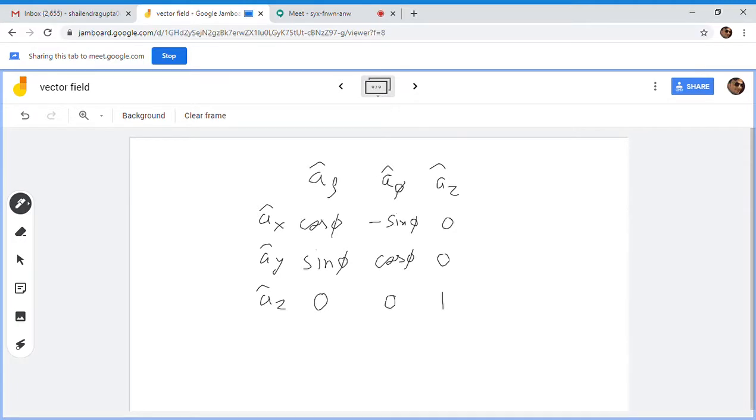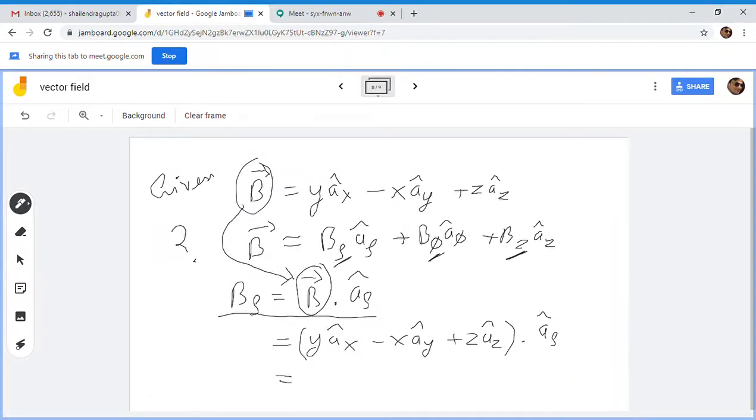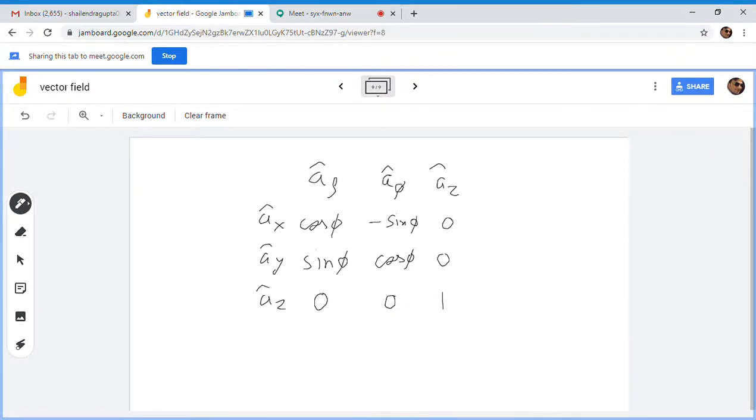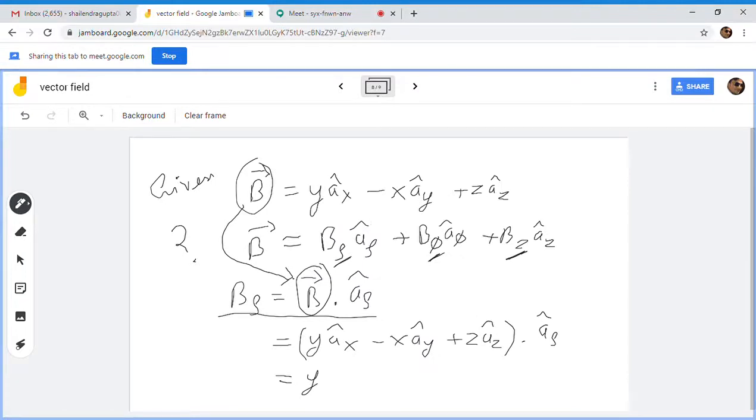Now just put the values in your expression. The first component is y ax dot a rho. So you can write y, and ax dot a rho is cos phi. So we will write cos phi.